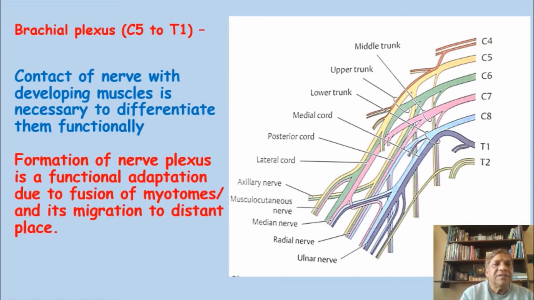Now, the contact of the nerve with the developing muscle is necessary. This is another aspect. See here, this shows the brachial plexus from C5 to T1. You can see that the ventral rami divide into dorsal and ventral, that is, anterior and posterior divisions. The anterior divisions will unite, the posterior divisions will divide and unite, and in this way a network of nerve fibers is seen; that is the brachial plexus.